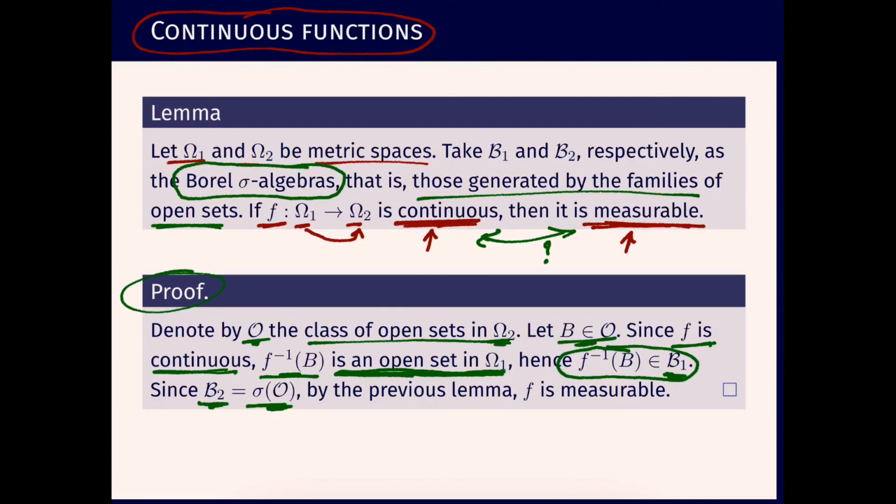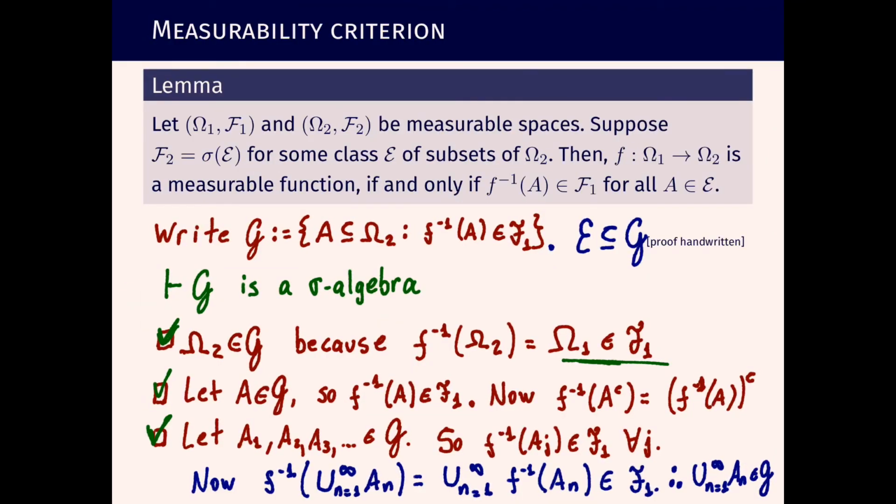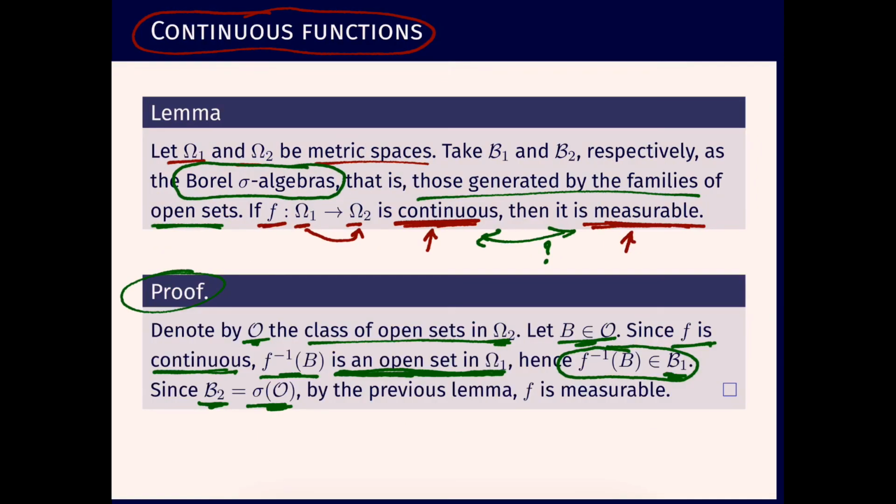But now, since B2 is the sigma algebra generated by the open sets, we can go back to the previous lemma. Let's see what the previous lemma is saying. It says that in order for a function to be measurable, it's enough to show that the pre-image of sets is measurable for sets in a generating family, a family that generates the whole sigma algebra of the target space.